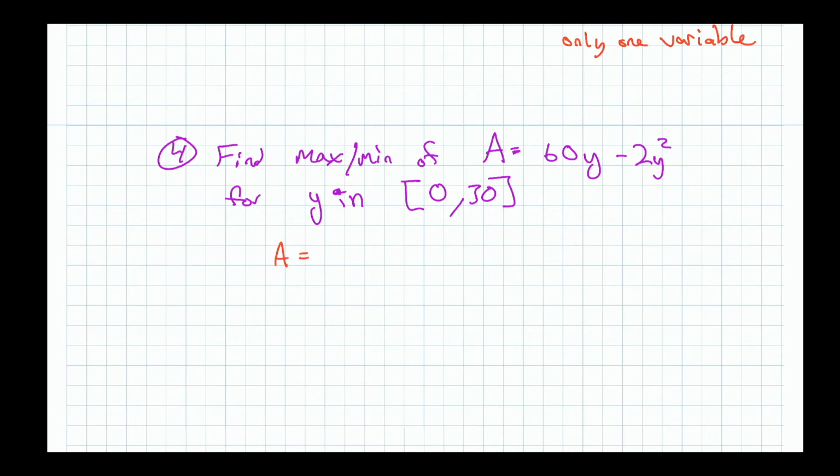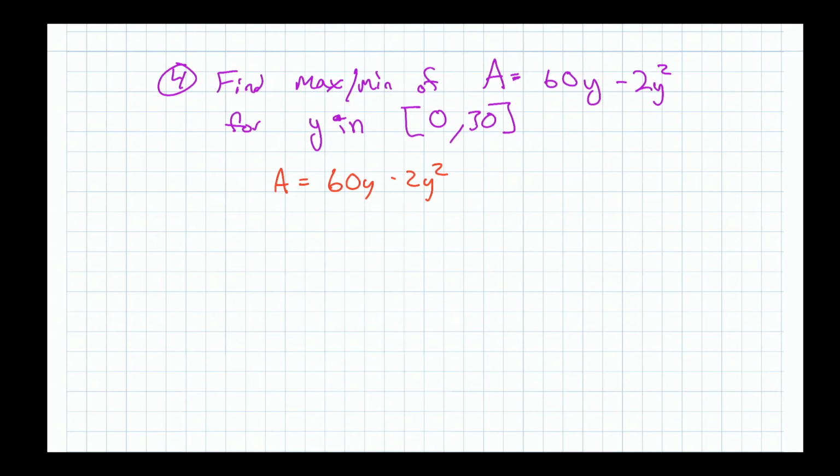Okay, so area is 60Y minus 2Y squared. We're trying to maximize this, so we need critical points. That means take a derivative. A prime, with Y as our variable. We'll take the derivative with respect to Y. The derivative of 60Y is 60. The derivative of 2Y squared is 4Y.